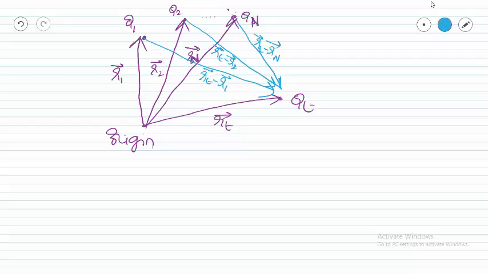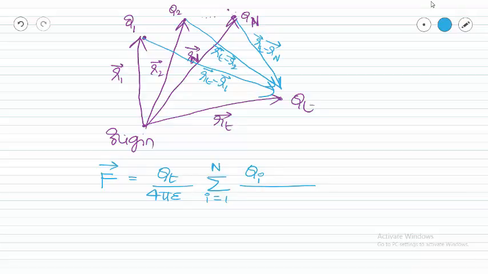So in that case, what is the force acting on Qt? According to Coulomb's law, the force acting on Qt is given by, because in all the expressions Qt is common, Qt by 4 pi epsilon, sigma i equal to 1 to n, Qi by magnitude of RT bar minus Ri bar whole cube, into RT bar minus Ri bar.